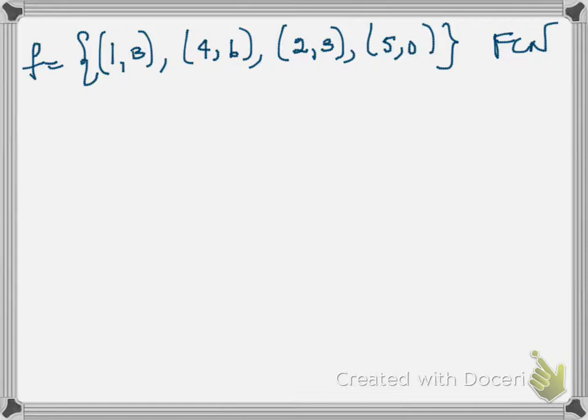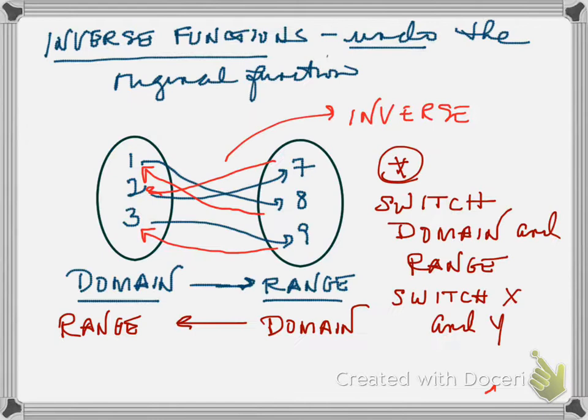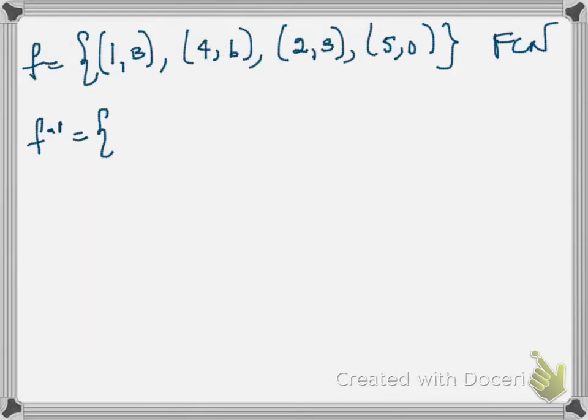If we want the inverse of this function, so now we're going to write out the inverse of this function. First of all, the notation for that is going to be f inverse. And f inverse is notated with this little -1 up here that looks like an exponent, but it is read f inverse. Back on my previous slide here, we said we were going to switch the domain and the range, switch the x and the y.